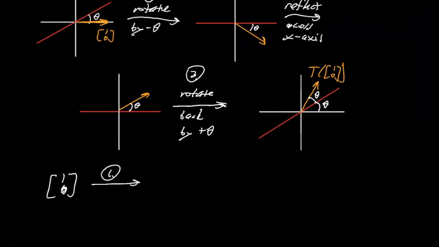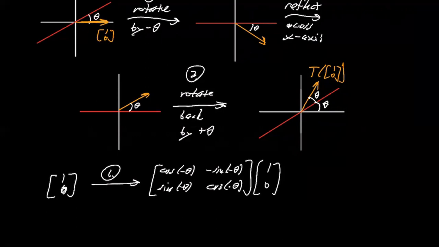Well, that's rotating by negative theta. So we want to multiply by the rotation matrix with negative theta. So that's going to be cosine negative theta, sine negative theta, negative sine negative theta, and cosine negative theta, times 1, 0.